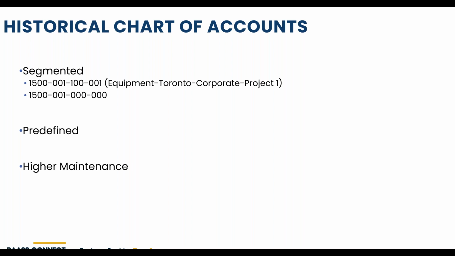So a lot of clients essentially say, for the sake of ease of use, I'm just going to import all of the accounts. And really what that leads to is a larger chart of accounts. So in a historical or Sage 300 world, we live in a segmented GL structure that needs to be predefined or exist before we could use it, which leads to a little bit higher maintenance and obviously a larger number of accounts.